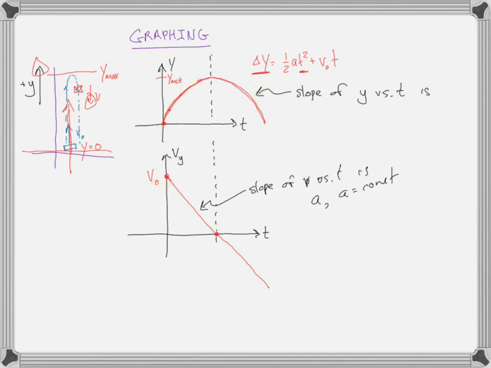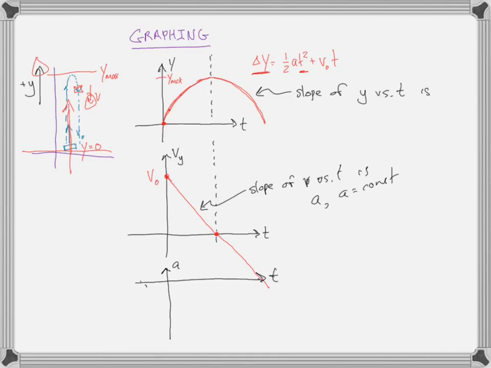And what does the acceleration versus time look like? Okay, so we're going to draw a graph of acceleration versus time. Now, I'm just going to cheat and put my axis up here because I know what it's going to look like. Acceleration versus time. Because what is the slope of v versus t? The slope of v versus t is a. I chose up as positive. These are two separate ways to look at this.